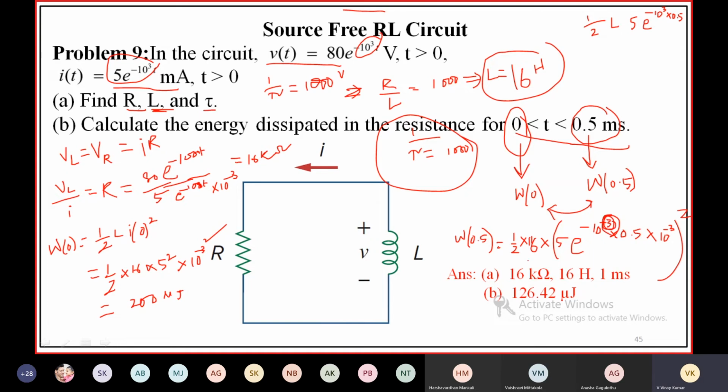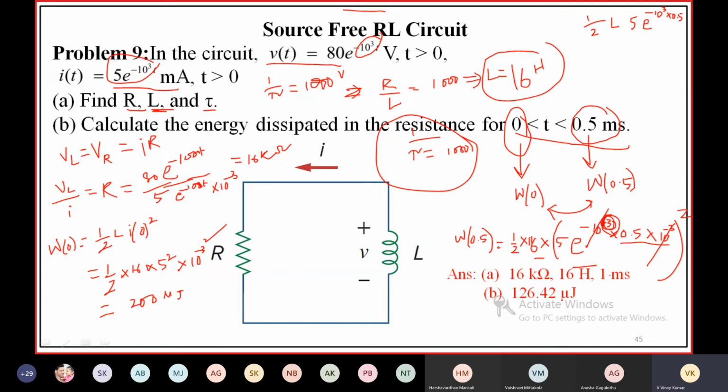So 1 by 2 into 16 into 5 into e power minus 10 to the power 3 into 0.5 into 10 to the power of minus 3.